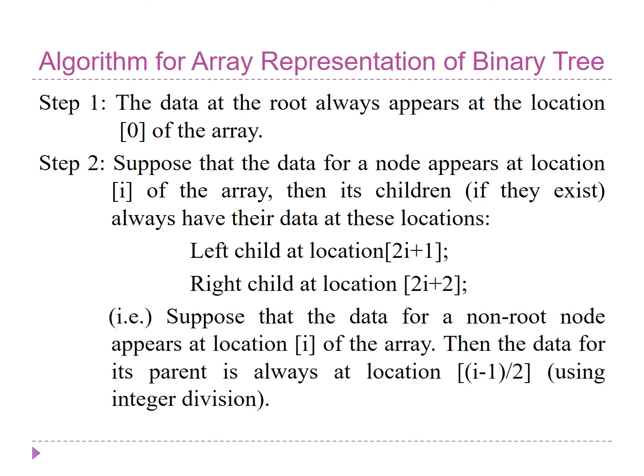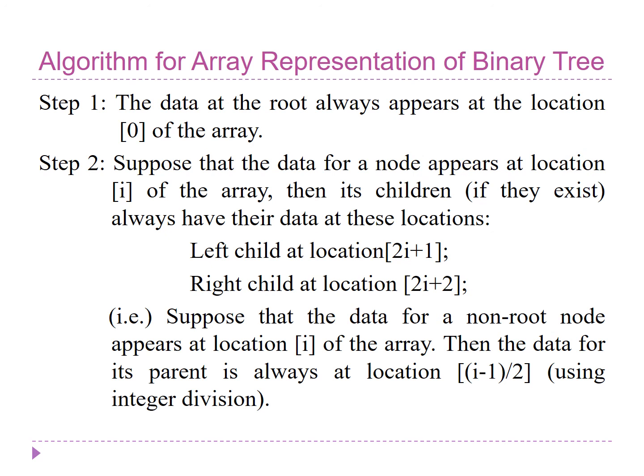Let's see the algorithm. Step 1. The data at the root of the binary tree always appears at index 0 of the array. Step 2. Suppose that the data for the node appears at location i of the array, then its children, if they exist, always have the data at locations: left child at 2i plus 1 and right child at location 2i plus 2.